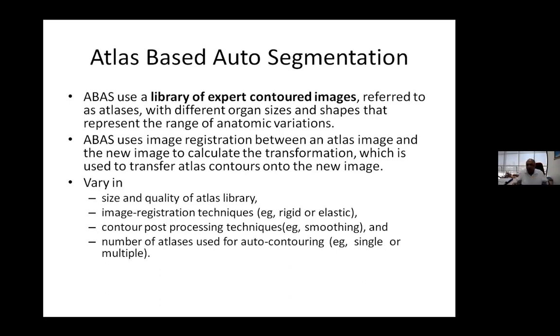There is a big library, but you need to understand there are many uncertainties also. So whenever you want to use this atlas-based approach, or what we call ABAS, you need to check in each patient whether it has been done correctly or not. You have to generate your own library, your own model, to see whether it is fitting your group of patients.